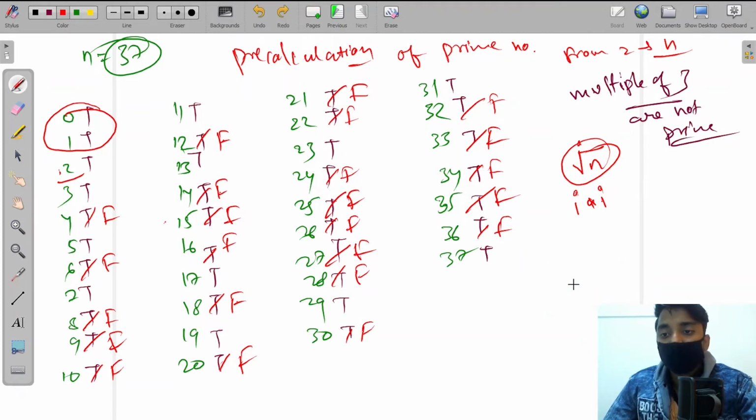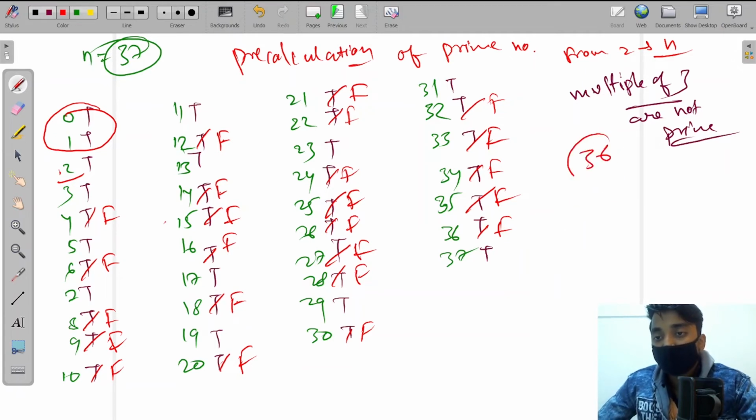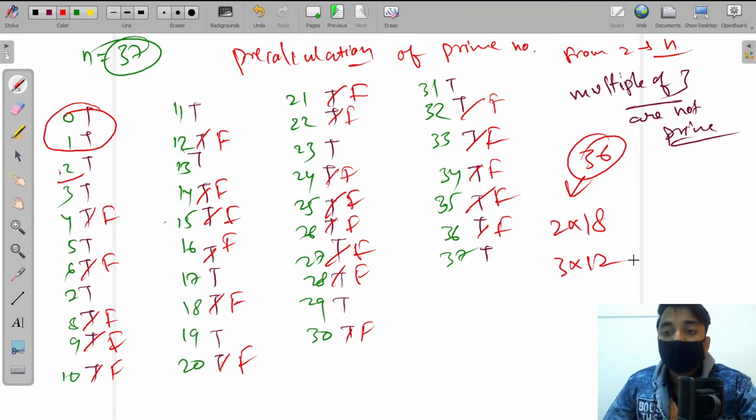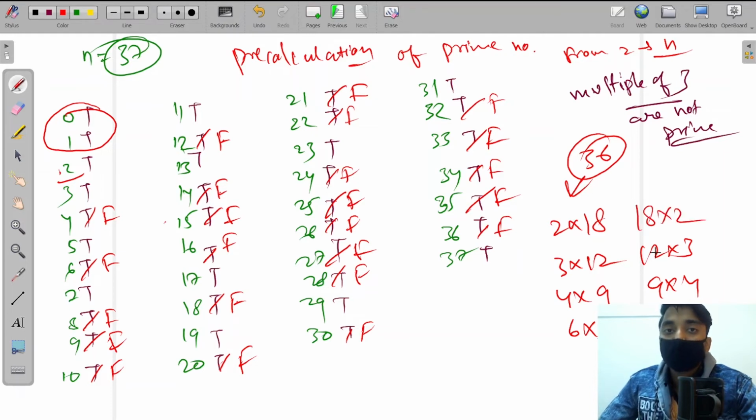Because we know the factors, if n is 36, the factors are 2 into 18, 3 into 12, 4 into 9, 6 into 6, and the same for 9 into 4, and then 12 into 3, and 18 into 2.